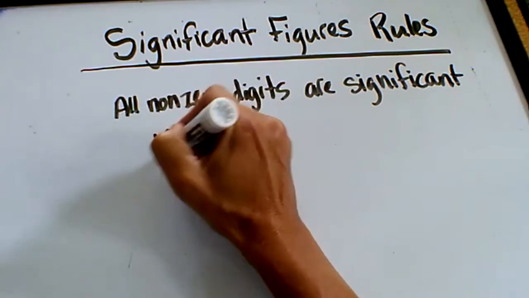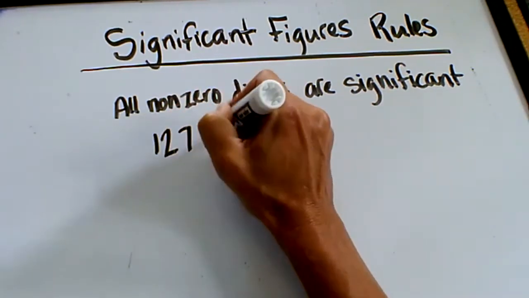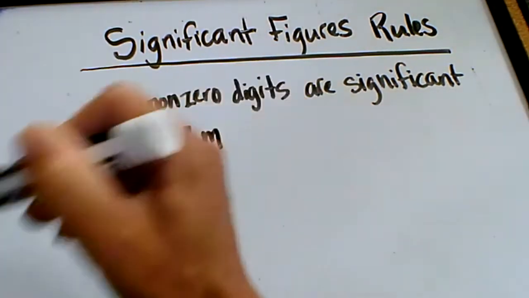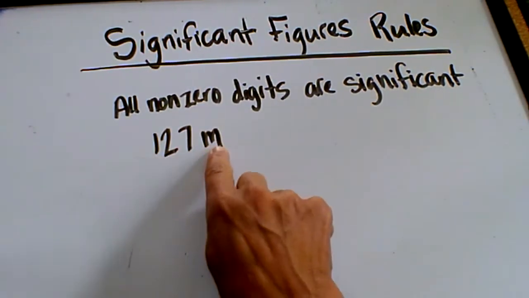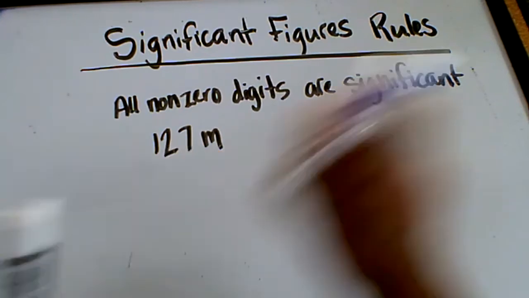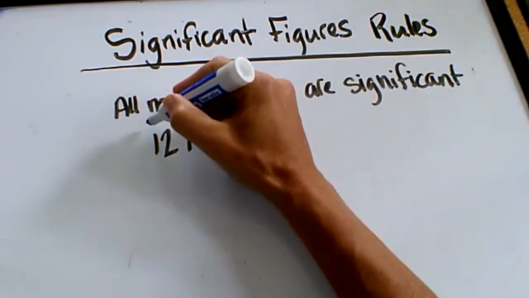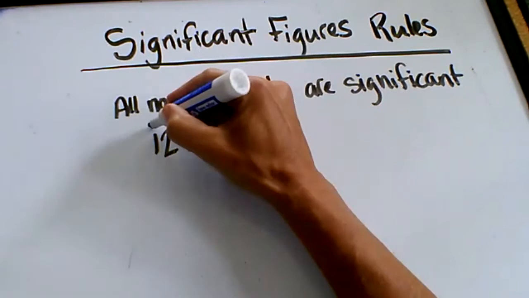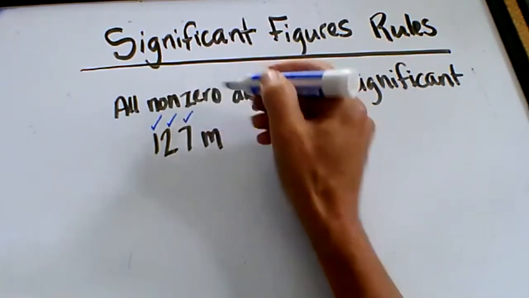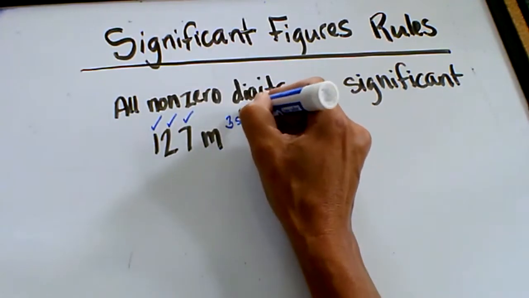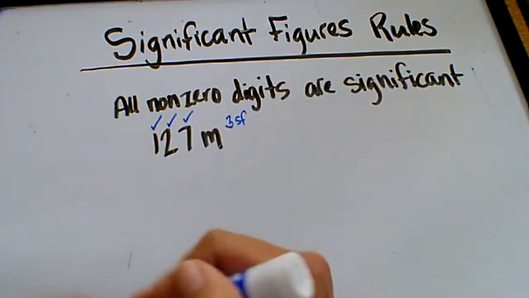So 127 meters, it's a measurement, it's a unit. This is my unit of measurement. This is measuring a distance. How many significant figures? Yes, that's significant because it's not a 0. Yes, and yes. I have 3 sig figs, right?